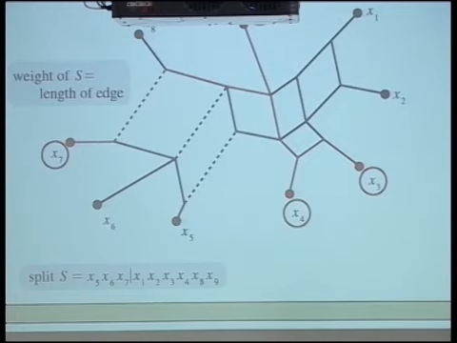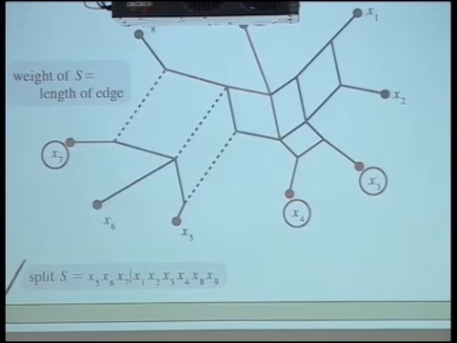For example, these three edges represent one split which separates x5, x6, and x7 from the rest of the taxa. The edges all have the same length, they are all parallel. The length of this edge is just the weight of the split, just as the branch length in a tree would be the weight of the corresponding split in a phylogenetic tree.